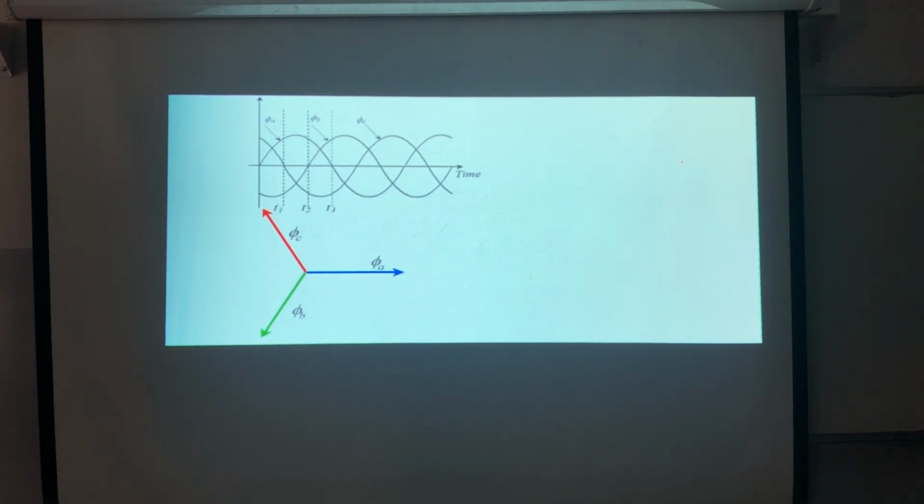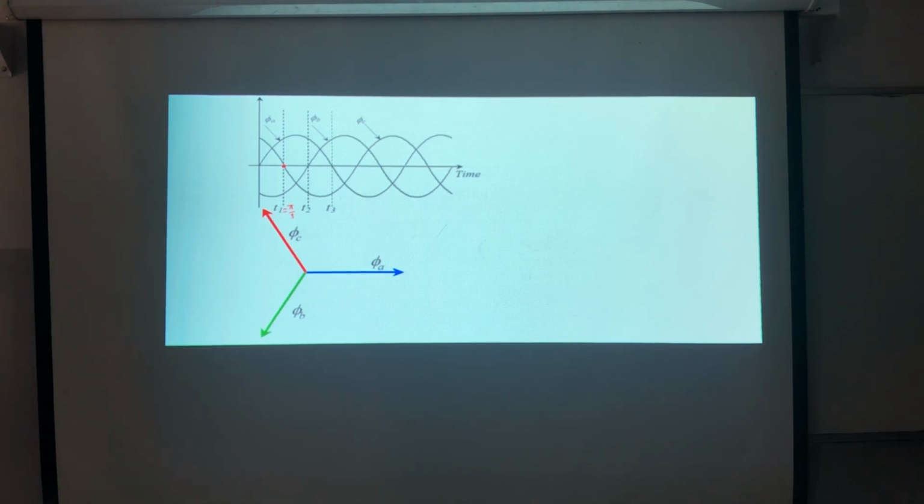So let's take 3 points, T1, T2, and T3, and calculate. At T1, the angle is equal to pi over 3, correct? You see it? So at this point, the flux due to the phase C is equal to 0, correct?